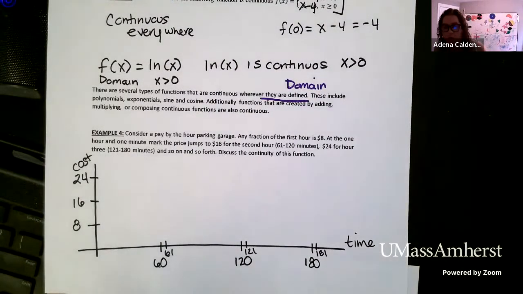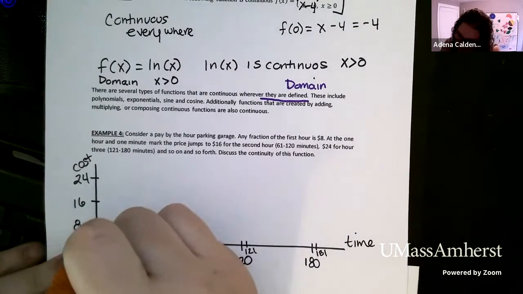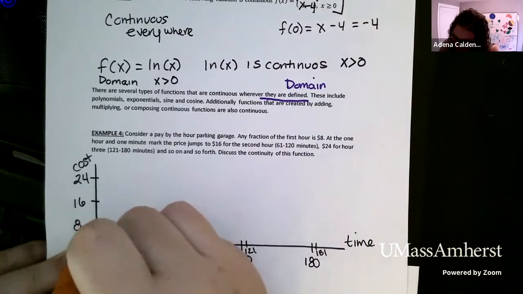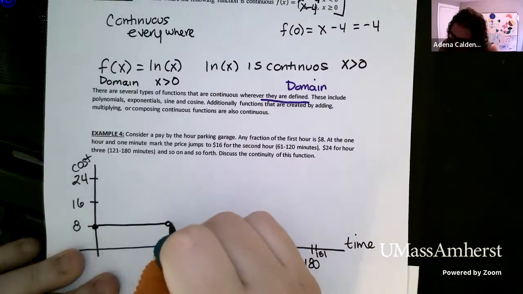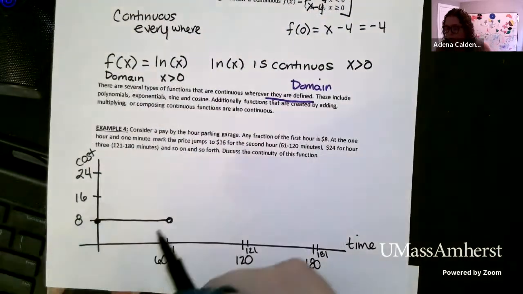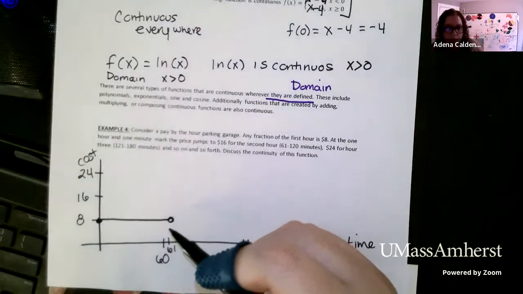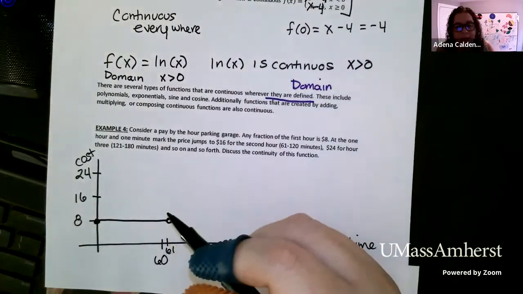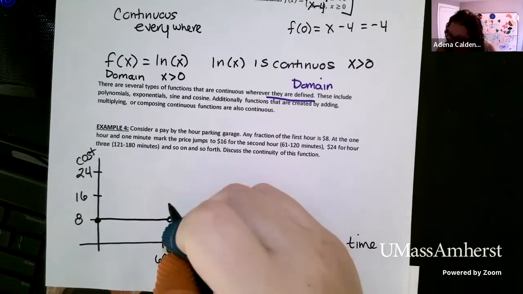So what's happening during the first hour, right? During the first hour, up to and including 60 minutes, we are getting charged $8. But right at 61 minutes is when we make our jump, right? So 1 minute after the hour mark, we make our jump up to $16.